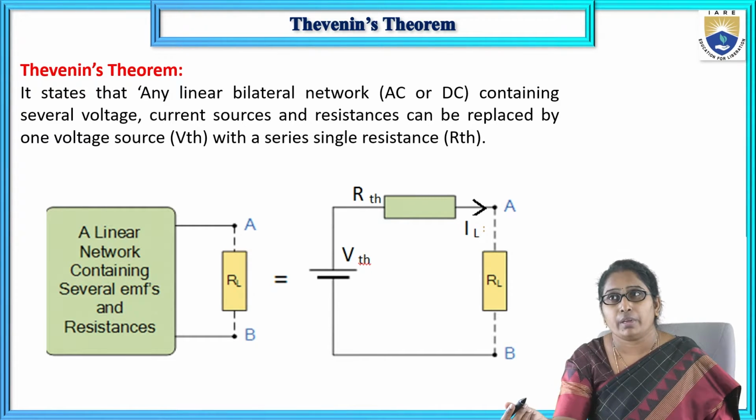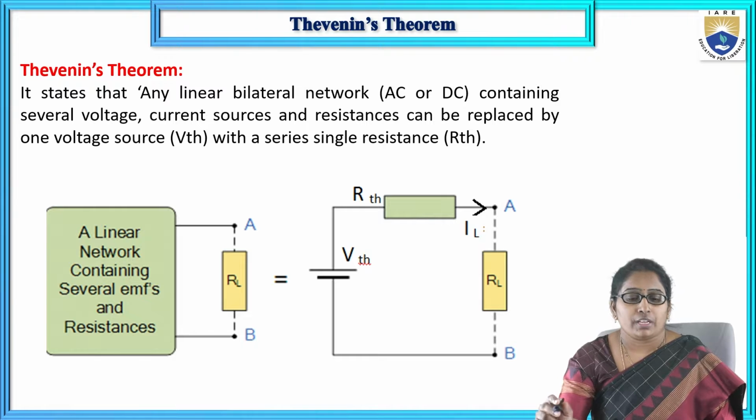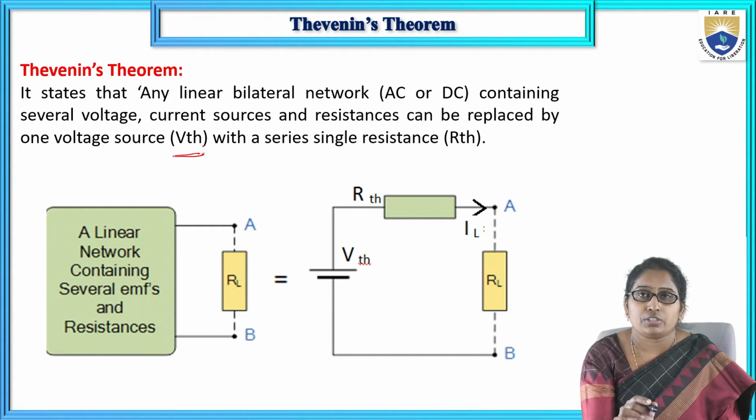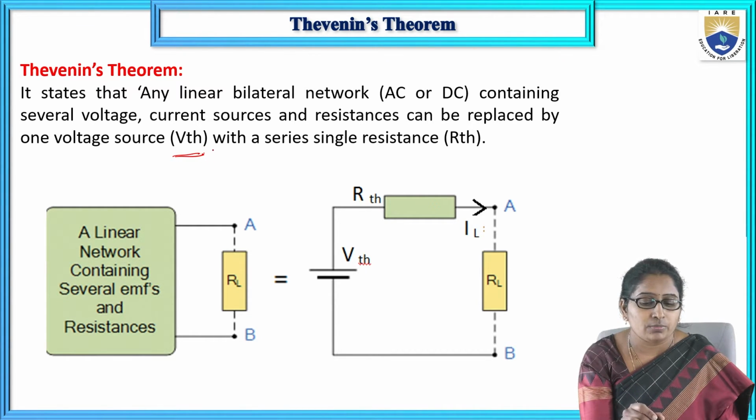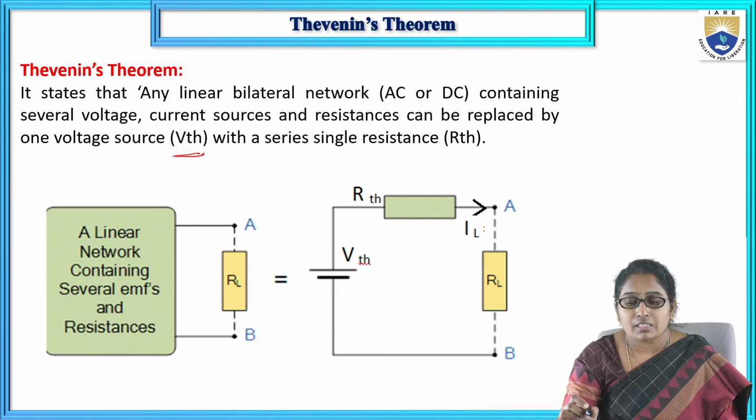It may be a big, huge network, but according to this theorem it can be replaced by one single voltage source, called Thevenin's voltage, denoted with VTH, with a single resistance in series with that voltage source.